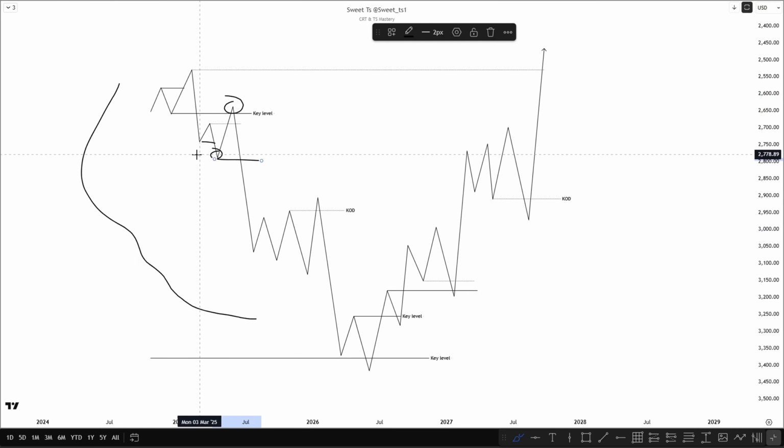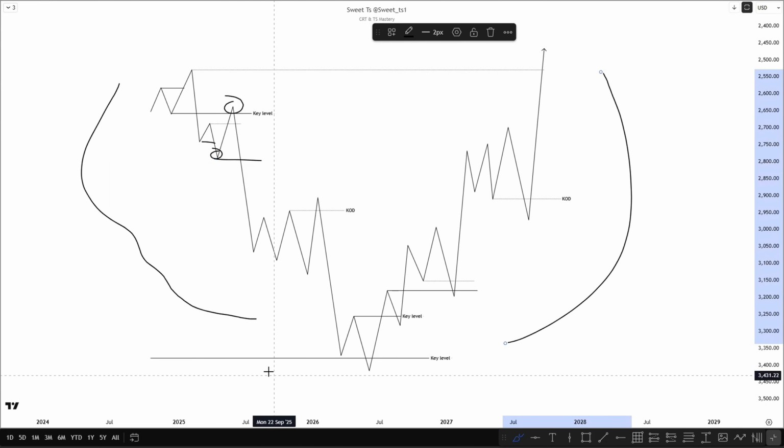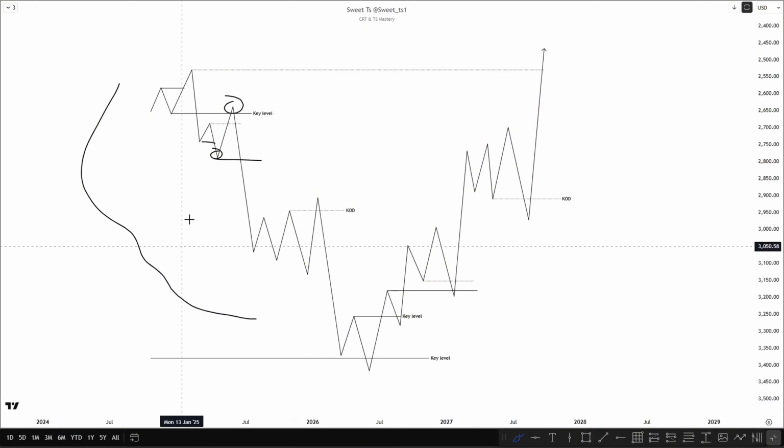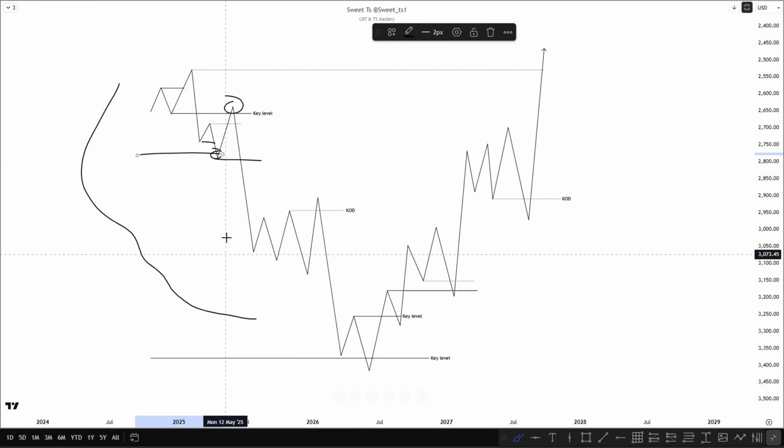So we can trade this expansion into the key level on the lower time frame. This expansion into the key level is going to look like this. This is your key level. There is probably a key level here, and this is a break of the high and start profiling.